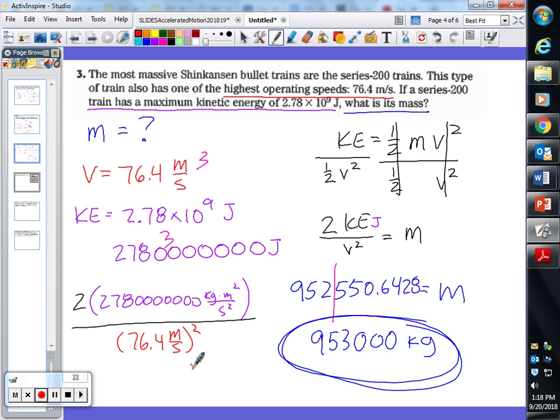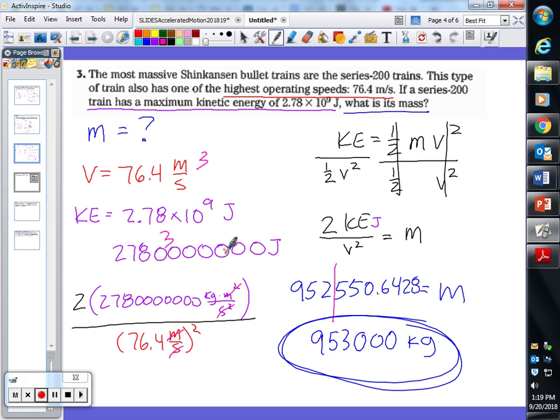So when you square meters over seconds, you get meters squared over seconds squared. Does that make sense? And so that cancels that, and that cancels that. And then the only unit that's left now is kilograms. So you basically just cancel out all the other units? Yes.